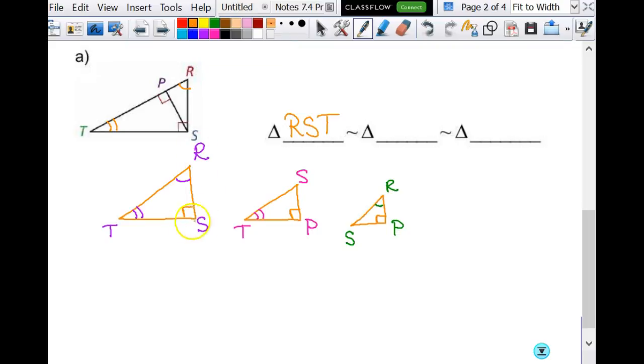So if the first one's RST, the second one is triangle SPT, and then the third one is RPS. Okay. All right, so that's how we figure out which pieces correspond. So we're going to talk about what geometric mean actually means, and then how all of this stuff fits together.